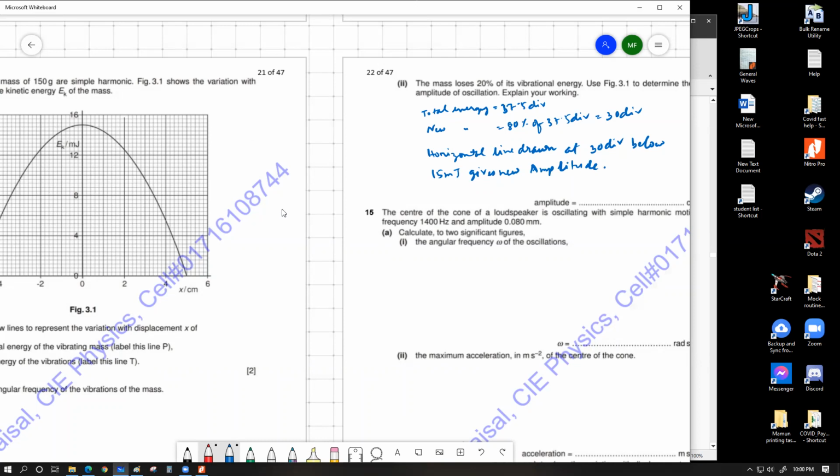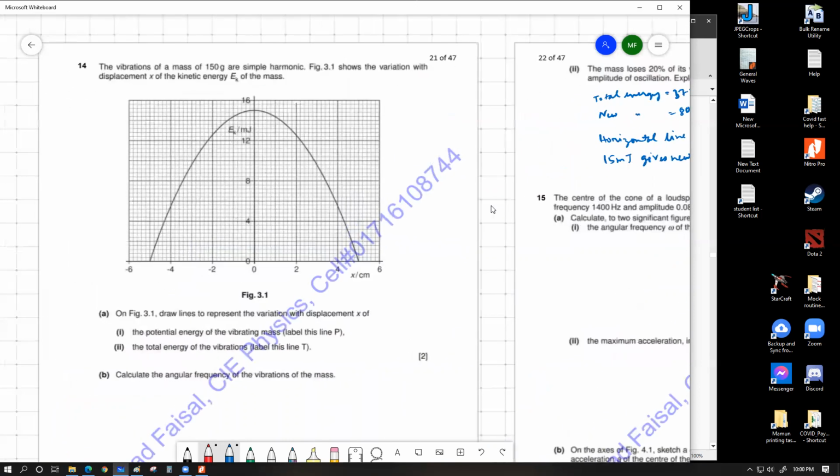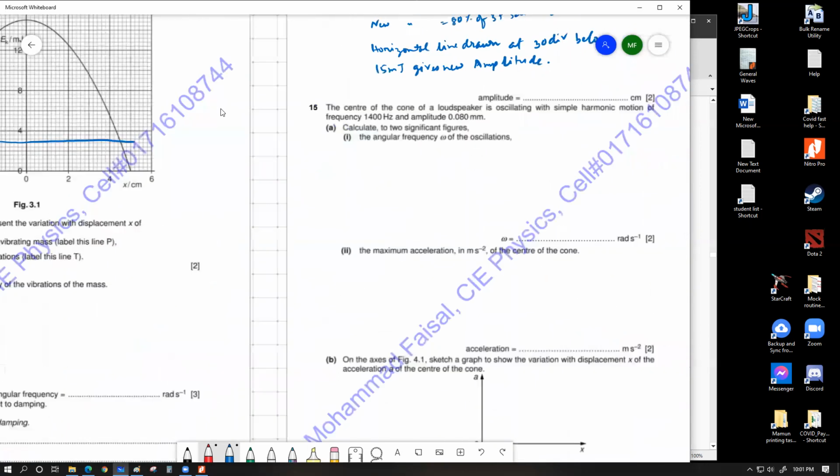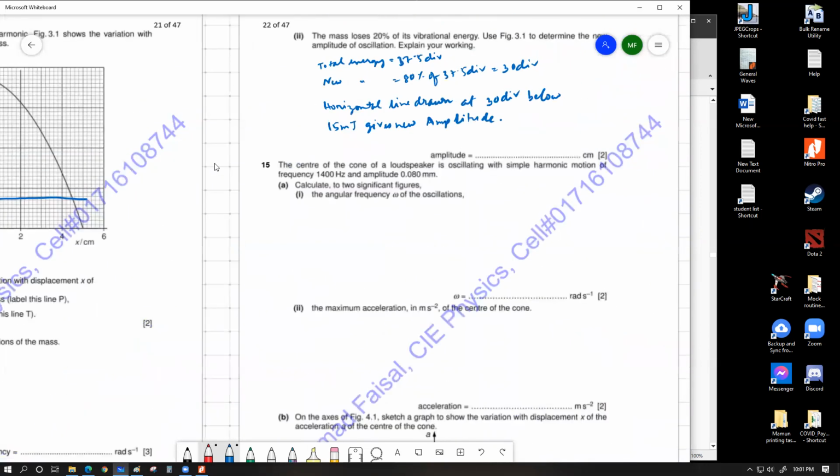I would write this much, and I would draw a horizontal line over at the relevant location and write the answer. That's my explanation.